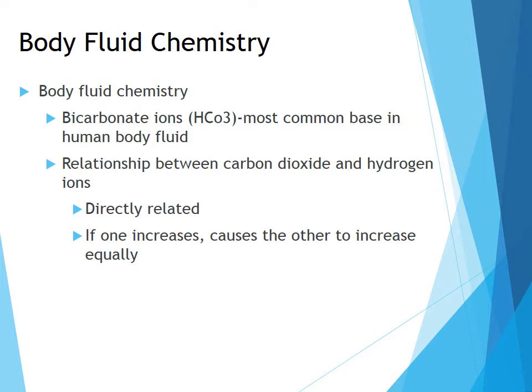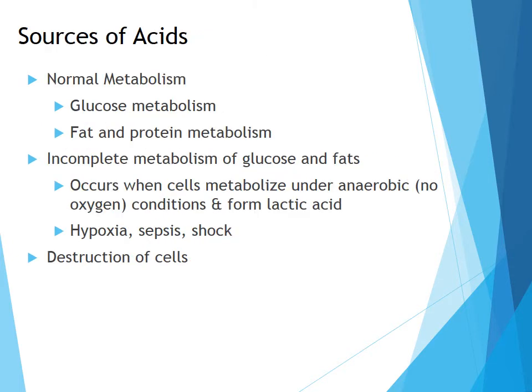The key concept in understanding them is the carbonic anhydrase equation. That is driven by the enzyme carbonic anhydrase, and it shows how hydrogen ion levels and carbon dioxide levels are directly related to one another, so that an increase in one causes an equal increase in the other. So they're directly related, and you can remember them in that way.